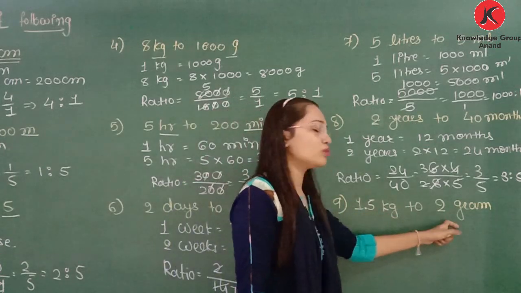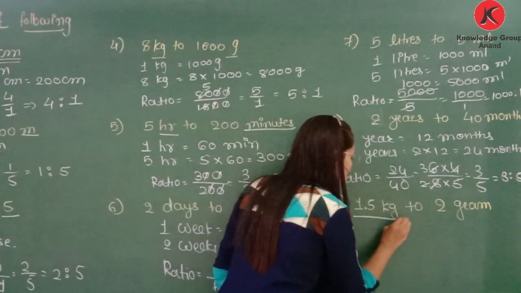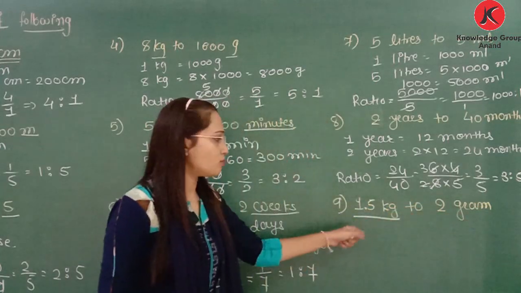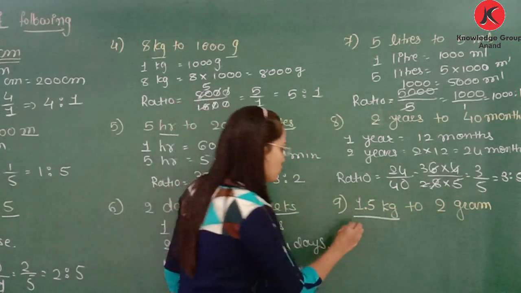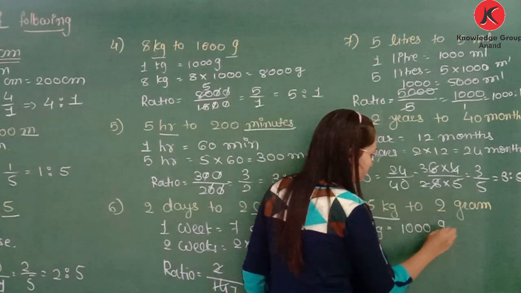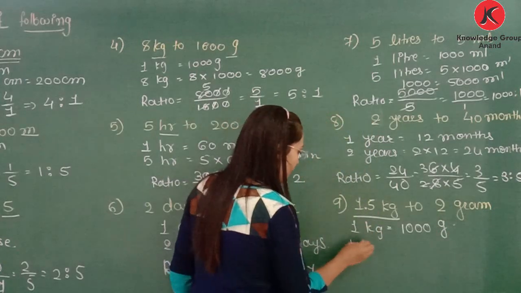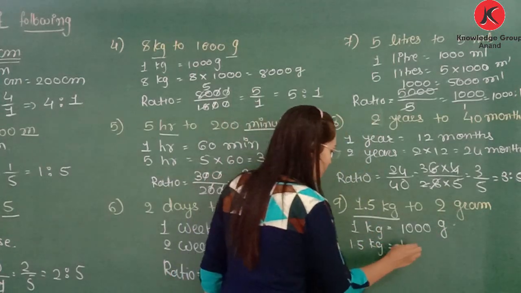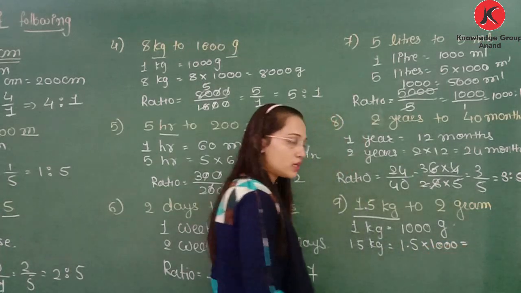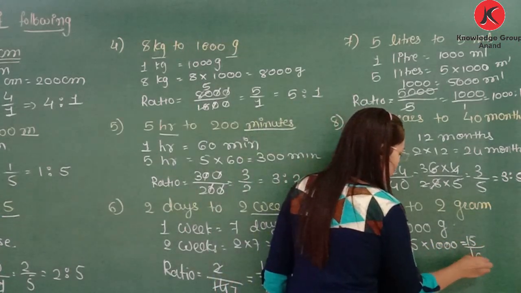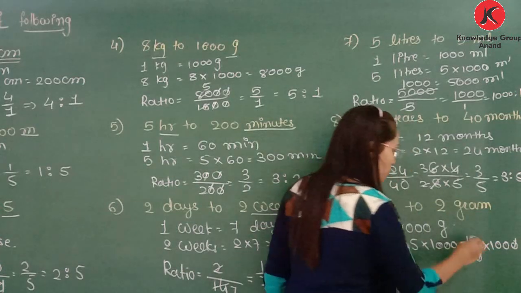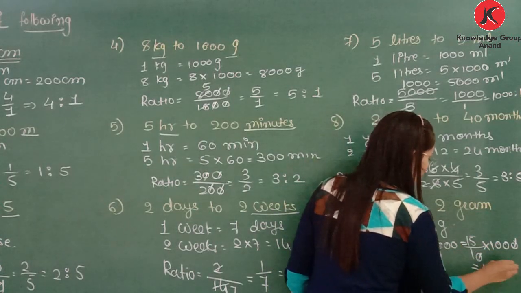Next, 1.5 kg to 2 gram. Here one unit is in kg and the other unit is in gram, so convert kg into gram. 1 kg is equal to 1000 gram. So 1.5 kg is equal to 1.5 multiplied by 1000. Now 1.5 is what? 15 divided by 10, multiplied by 1000. Here we can cut the common 0. So it is 1500 gram.